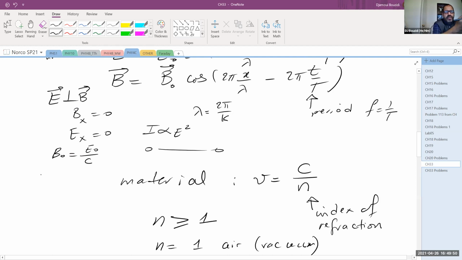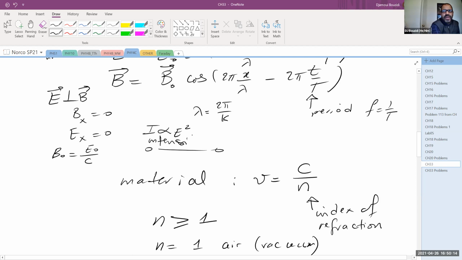So this is an anticipation for those sitting in Physics 4B, and from chapter 32. If you're going to take it in the future, you will see this chapter where you find the intensity.